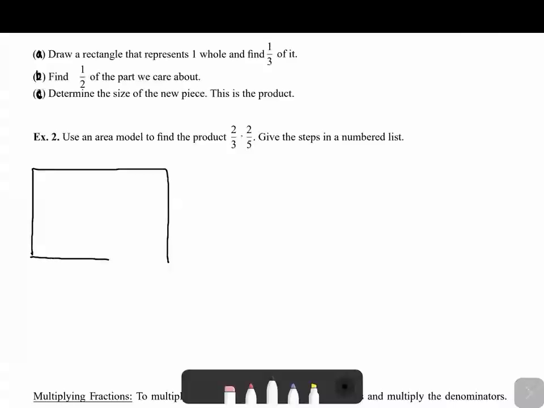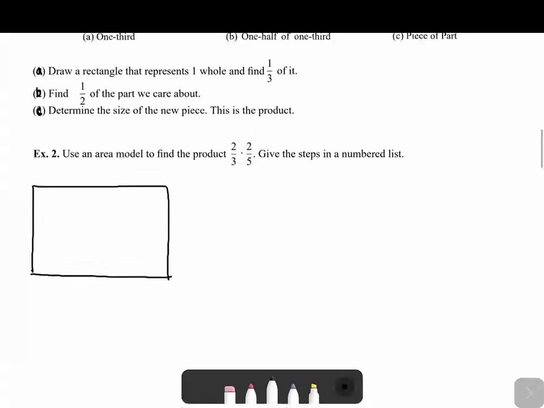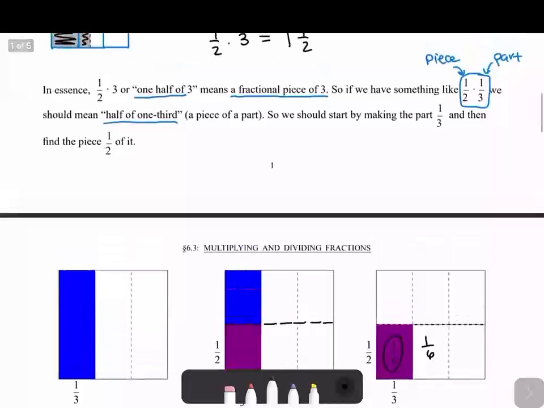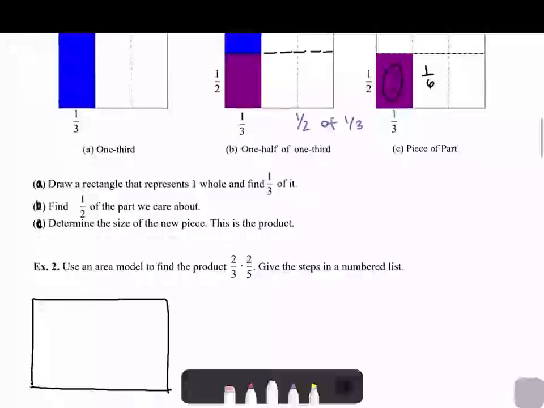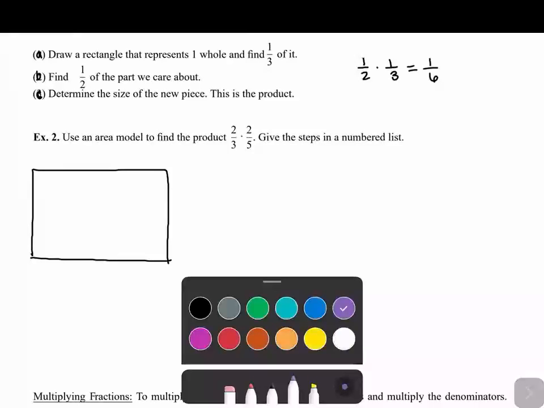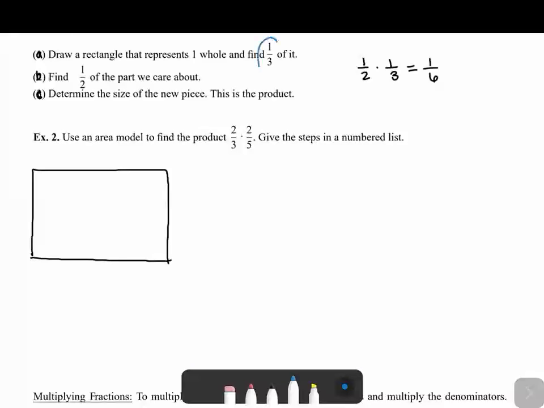Something important to notice: when we did 1/2 times 1/3 is 1/6, the first thing we did was draw a rectangle that represented 1/3 of the total piece, which is the second number. It's the second factor in our multiplication problem.